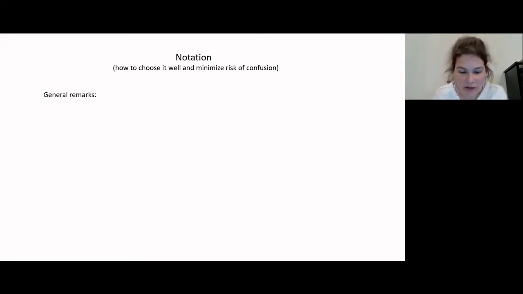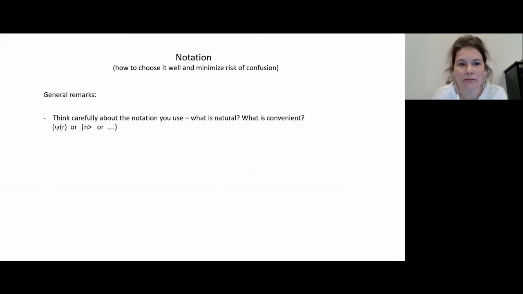To begin with, a few general remarks. When you encounter a homework problem or some other problem in quantum mechanics, read it carefully and then think about how you're going to write things down. What is natural for the problem? What is it asking you to do? What is convenient for the problem?